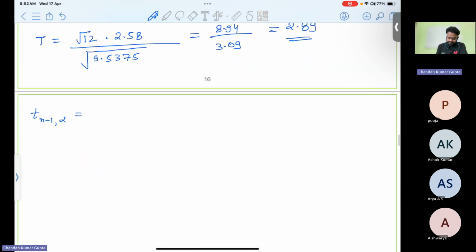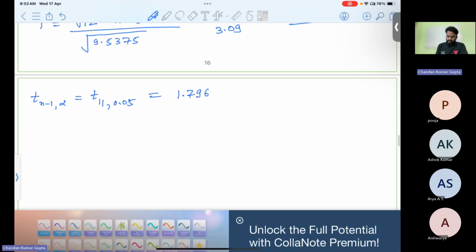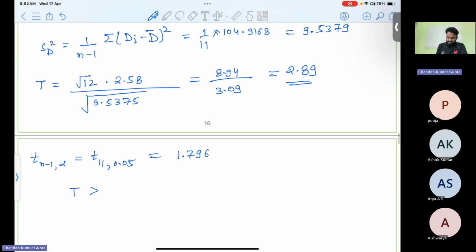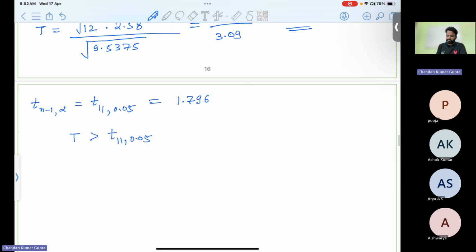So at 12 minus 1, 11, and 0.05, with the help of the T table, it comes out to be 1.796. Here the calculated T value is greater than the tabulated value, so we reject the null hypothesis.